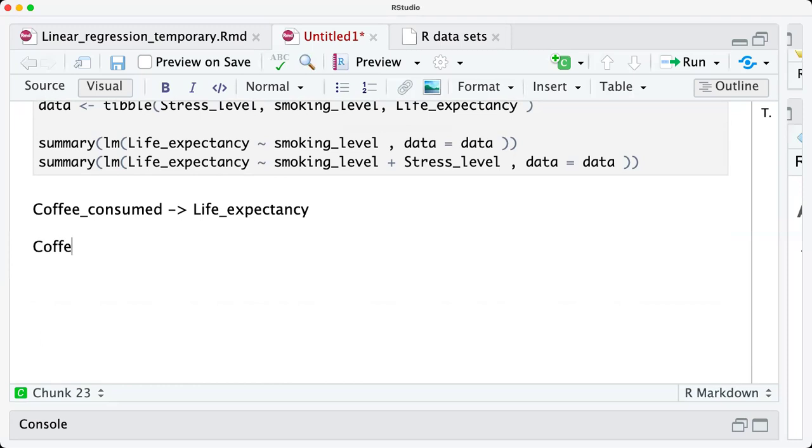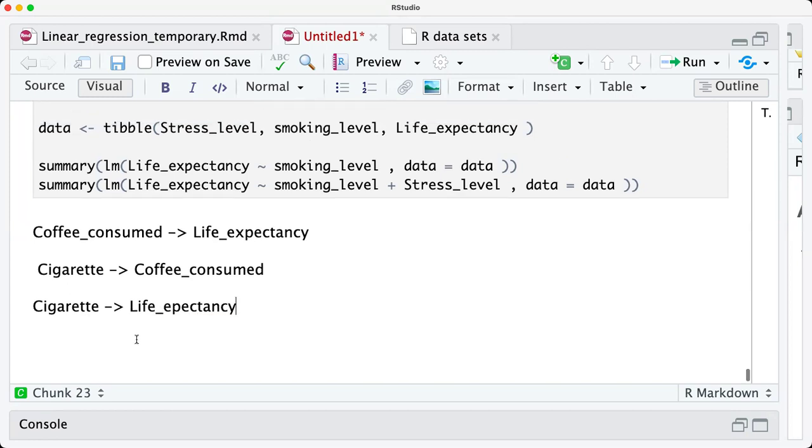The coffee consumed, sorry, the cigarette influences the coffee consumed, but the cigarette also influences the life expectancy.